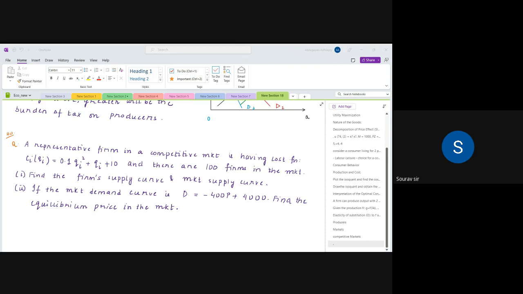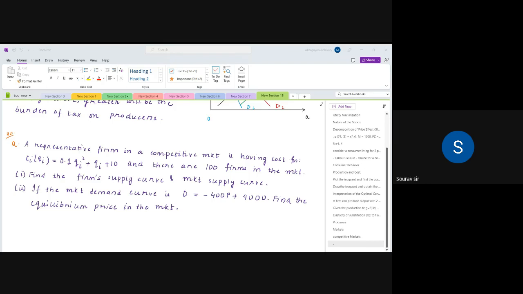The firm supply curve is 5 into (p minus 1), and the market supply came as 500 into (p minus 1).